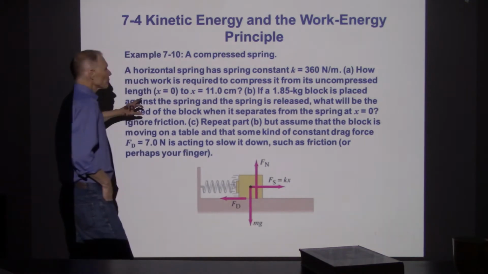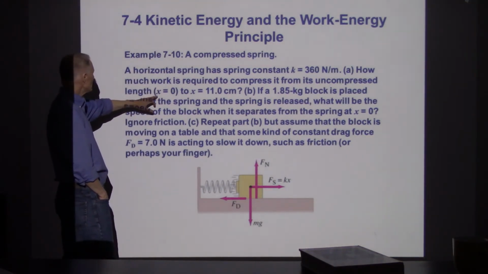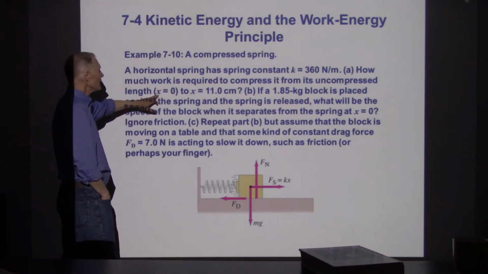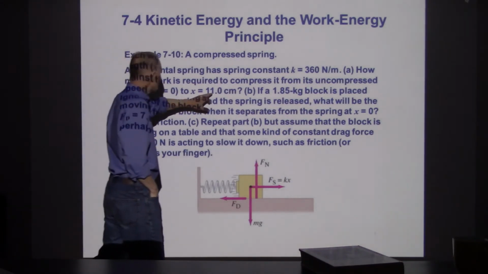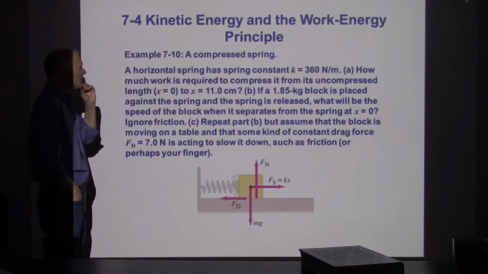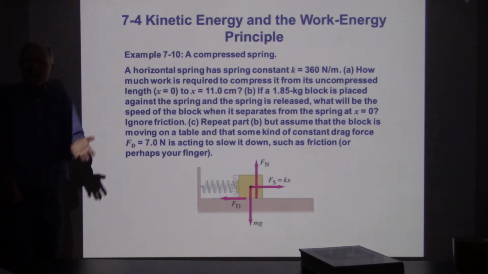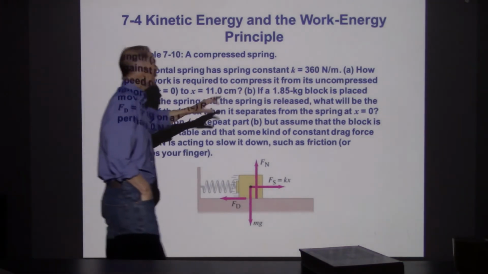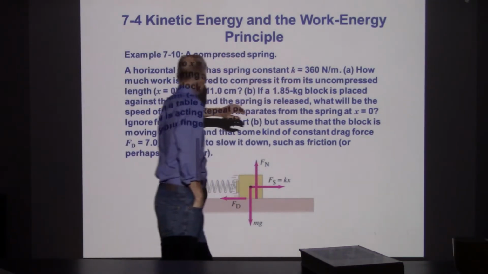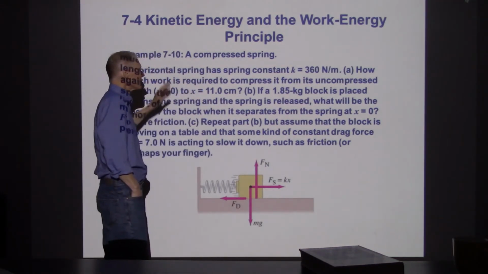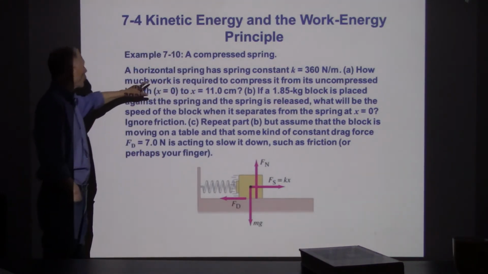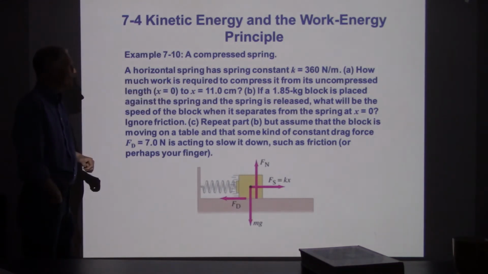So now we're going to go from the spring being uncompressed to being compressed 11 centimeters. So that sounds doable, right? We know the spring constant. We know how much we want to compress it. Yeah, we can calculate how much work is required to compress the spring.